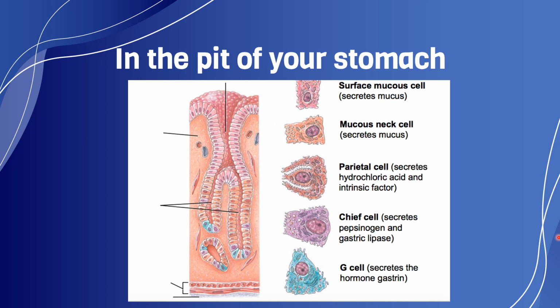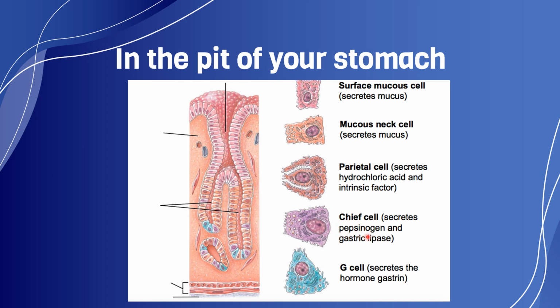And the hydrochloric acid is used to break down all of the food inside your stomach. So we want to make sure that we're breaking down food and not breaking down the stomach muscle and tissue. So that's why those mucus cells, both the surface ones and the neck cells, are so important. And then if you look further down, you can see here we've got chief cells that secrete pepsinogen.